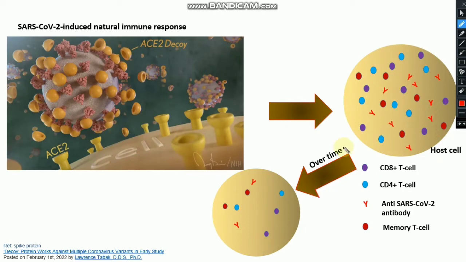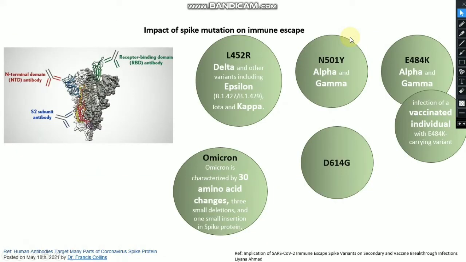All right. Now I want to show the mutation part, and how this kind of mutation impacts. As I mentioned in the earlier slide, the antibodies generated against the RBD and also the NTD are very specific.